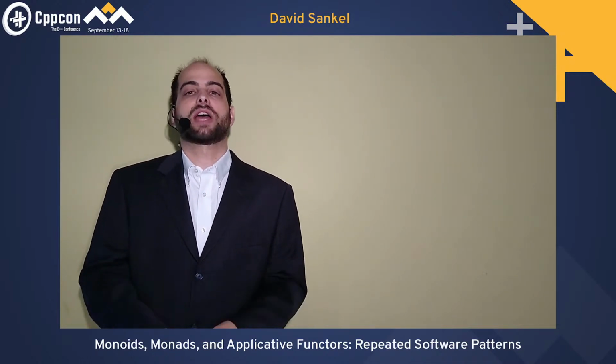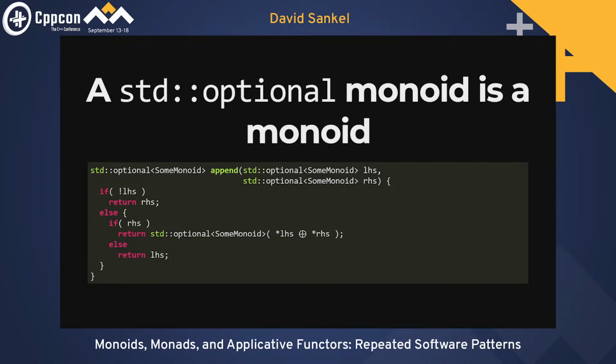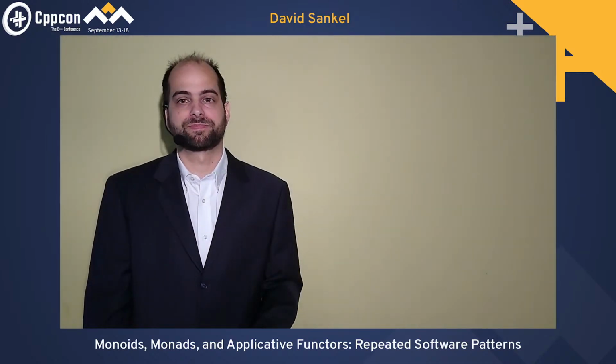And the way that you do the operation is if the left-hand side is empty, then you choose the right-hand side. If the right-hand side is empty, then you choose the left-hand side. Otherwise, you use the monoid operation on the left-hand side and the right-hand side. In other words, if they both have something in it, you squash the two things on the inside to get your optional monoid.